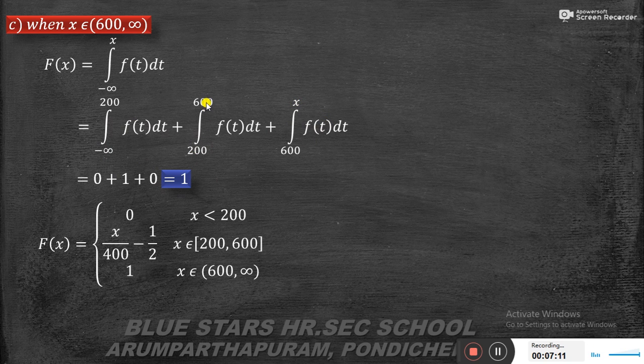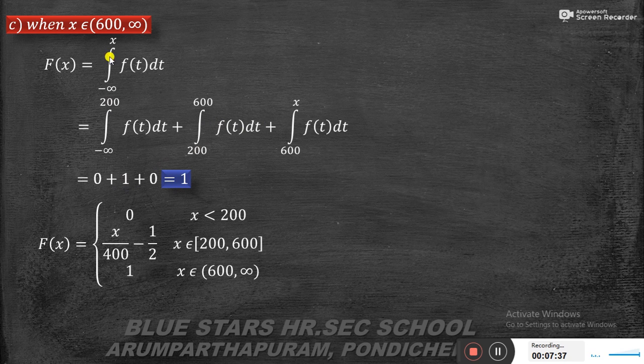Next, integral 200 to 600 f of t dt. I substitute 1 by 400 into integral 200 to 600 dt. Integral of dt is t, so substituting the limit 200 to 600, 600 minus 200 is 400. So 1 by 400 into 400 is 1. Therefore the second integral value is 1.